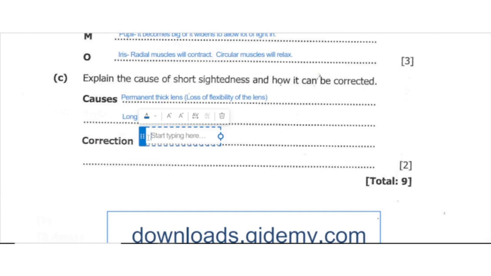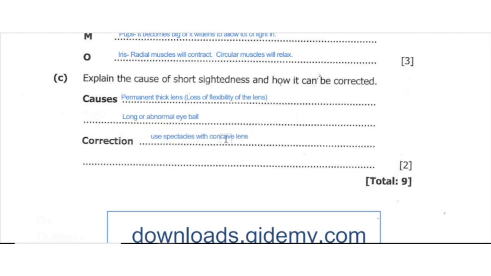So we can say: use spectacles with concave lens.